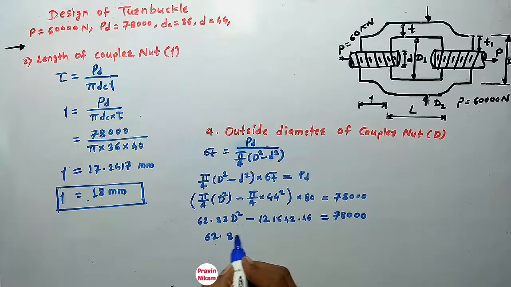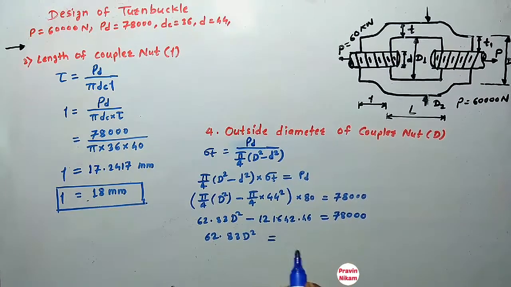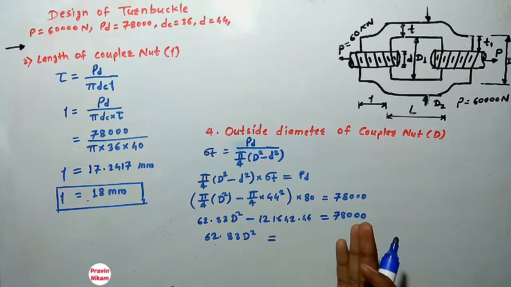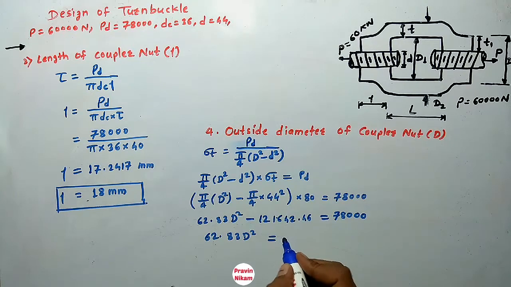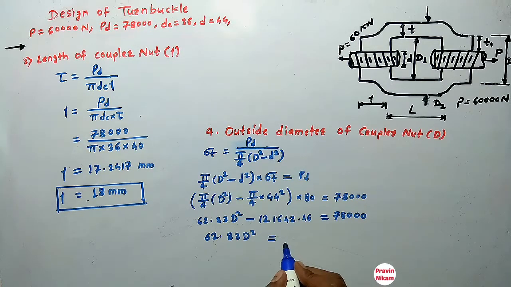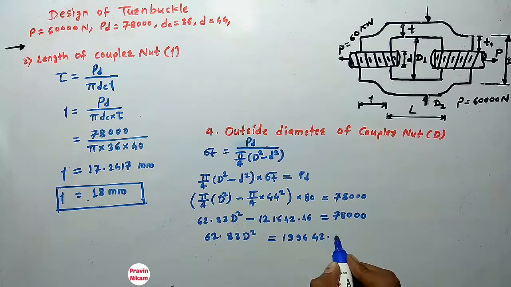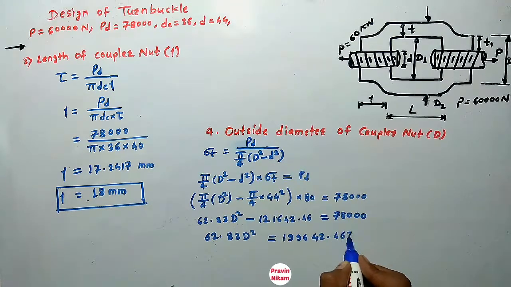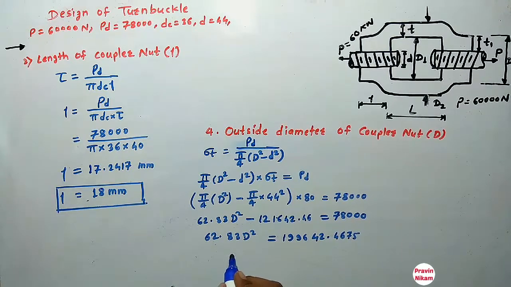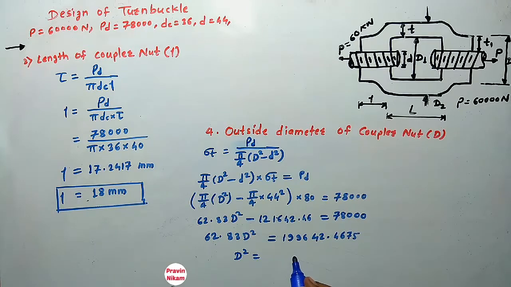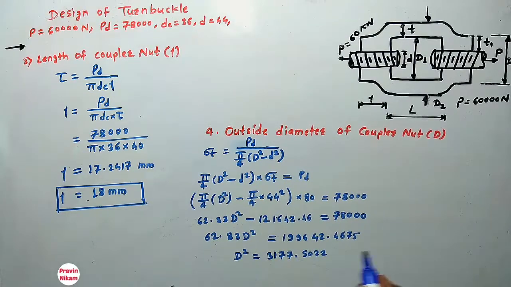So 62.83 D square is equal to, this minus value goes on this side, becomes plus. So the total value is 199642.4675. So D square is equal to, this becomes divide here, so 3177.5022.